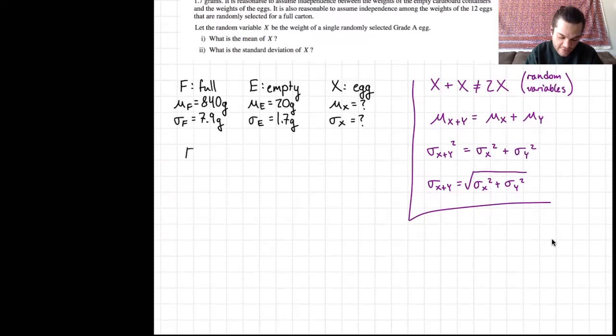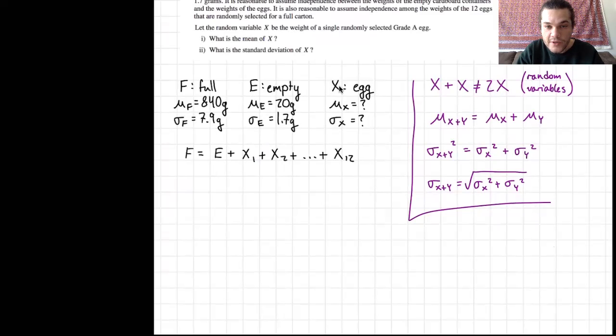So we want to identify that a full carton is an empty carton plus 12 eggs. But I'm going to write it here as a not, it's not 12X. No, wrong. Because in stats class, X plus X does not equal 2X. It's instead 12 copies of this variable X, because each egg has its own variation.